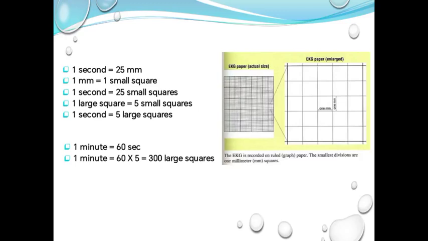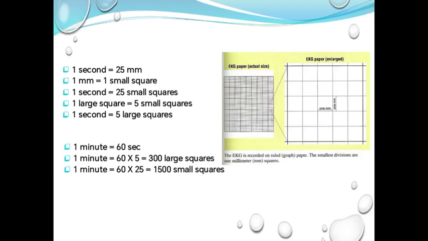From here we have the rule of 300. So for 1 minute, if you multiply by small squares, 60 by 25, it equals 1500 small squares. If you use large squares, you use the 300 rule.